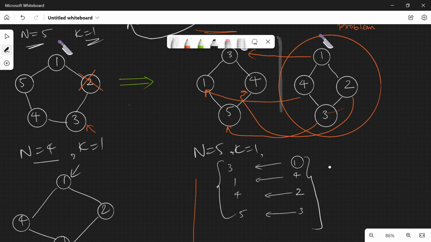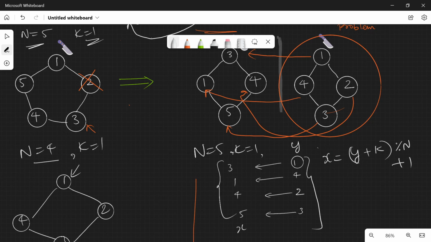Circular increment is nothing but, I'll write an equation, you just check whether it works or not. Let's say this is y and these are x. Can I write x is equal to (y plus k) mod n, plus 1?